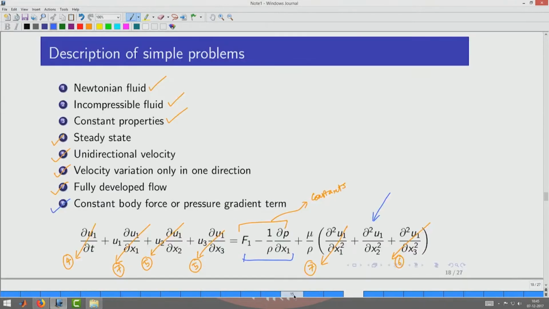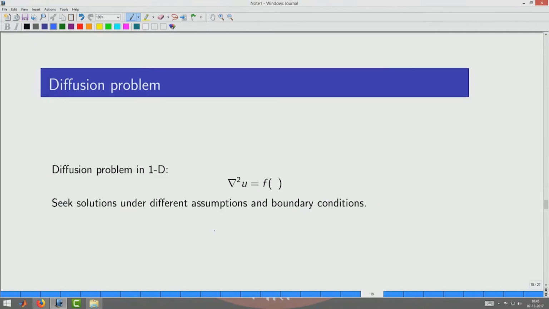Just have a look here, you have got dou square u by dou x2 square equal to something that is a constant or a function. This, as you can recognize, is like a diffusion problem. The function can be of anything. It has to be a function of x2, but it can be in any polynomial order that we want to choose, but it has to satisfy this equation, and then we can get the solution.